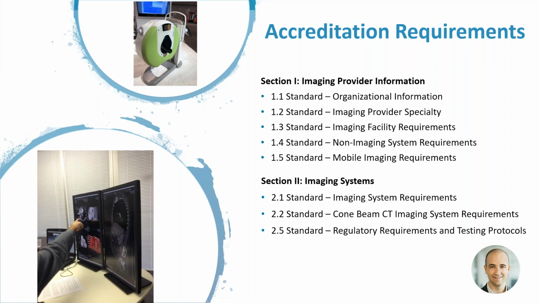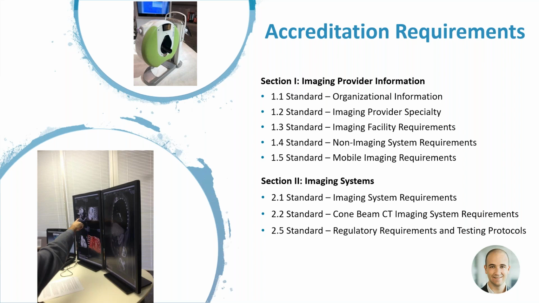And then we go on to some specific ConeBeam CT imaging systems requirements. Got some general requirements about the specifications of the equipment. We've got some thresholds that have to be met, and then some additional requirements for cardiac imaging where applicable. And then we move on to 2.5 because there are pieces of this standard that are actually not all ConeBeam related. There is a part of the standard that's for general CT and other modalities.